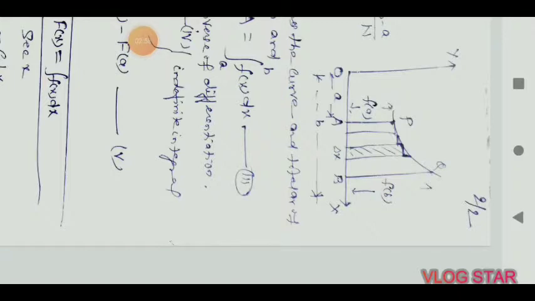Now we have to find out the area of that graph PQBA. This is not of a particular shape like triangle, rectangle, square, parallelogram and so on, so it will not be easy to find out its area.